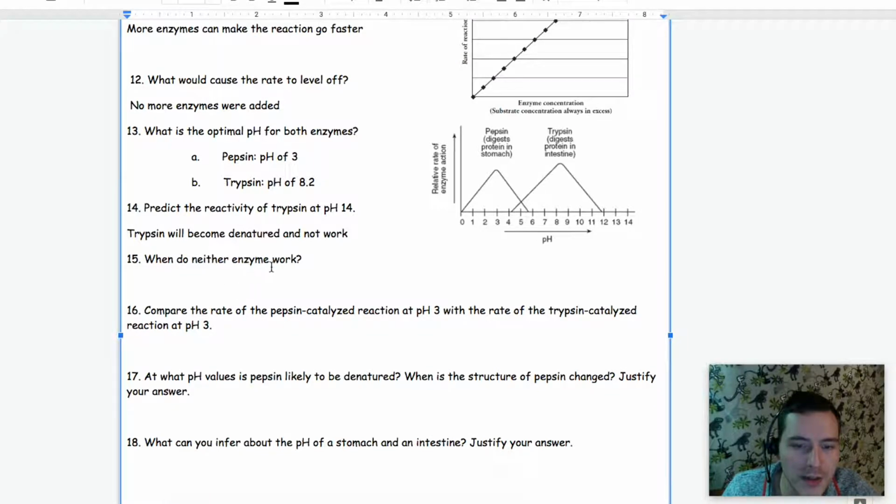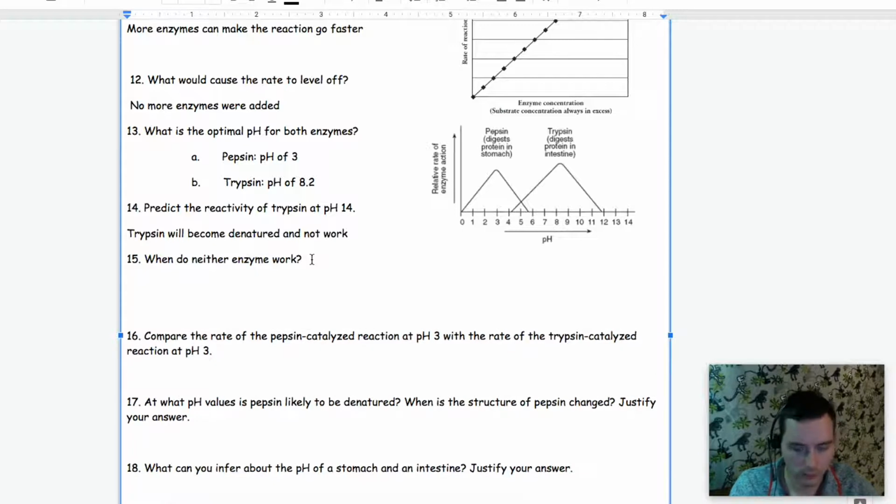When do neither enzyme work? Neither enzyme works at a pH of 12.